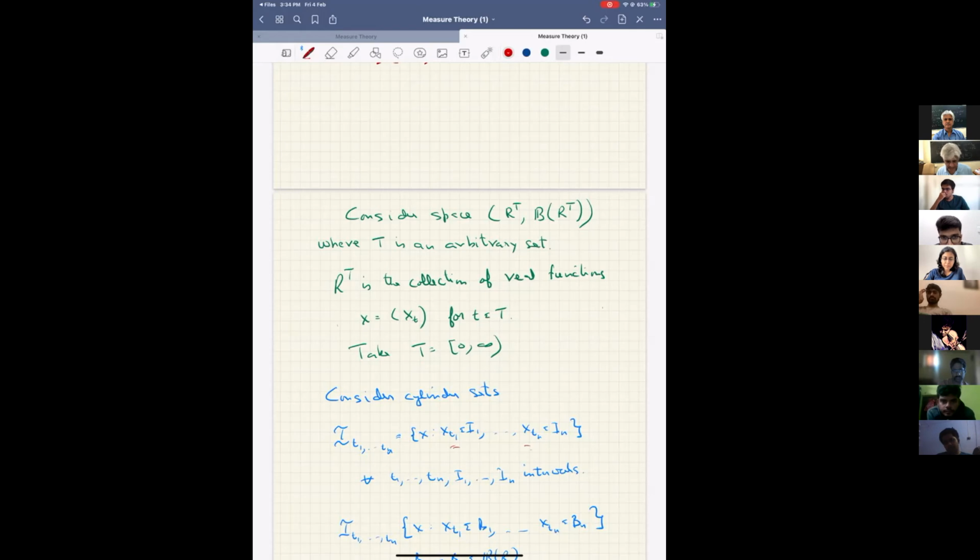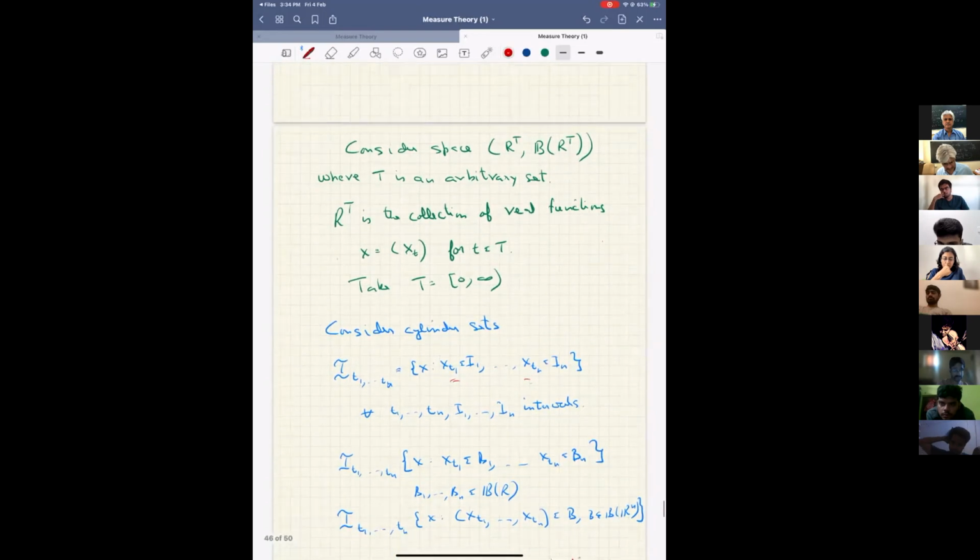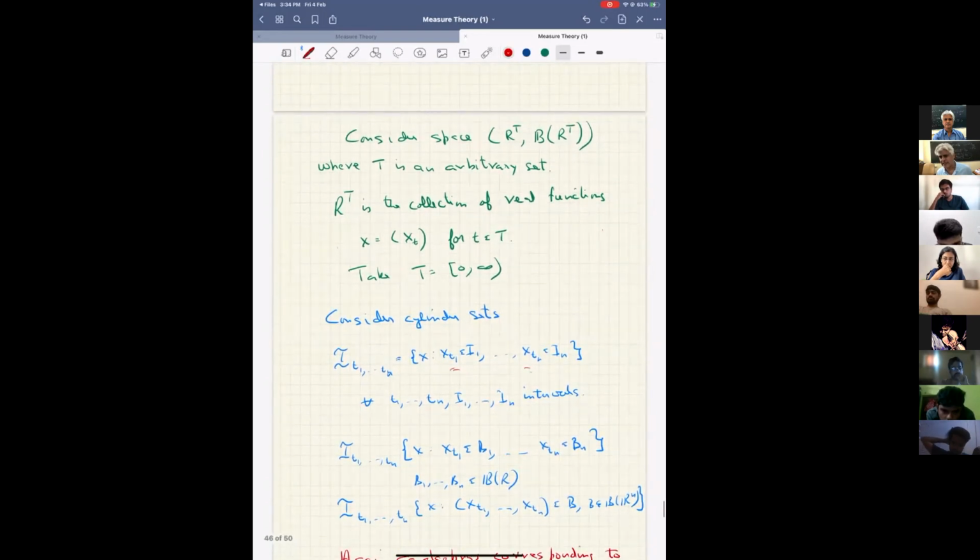We'll know how to assign probability to these sets. There we have to be careful that we assign probabilities in a consistent manner. There should not be any contradiction that comes up. So when we assign probabilities, one needs to talk about Kolmogorov's consistency criteria. We'll briefly discuss that at that time.